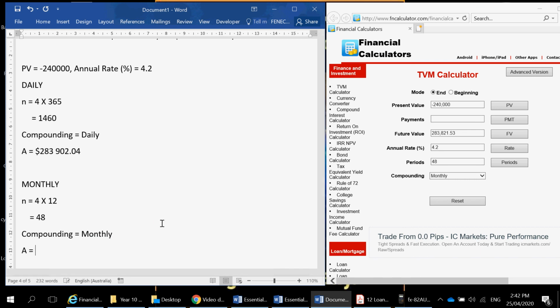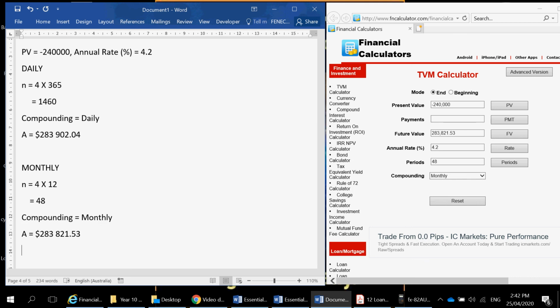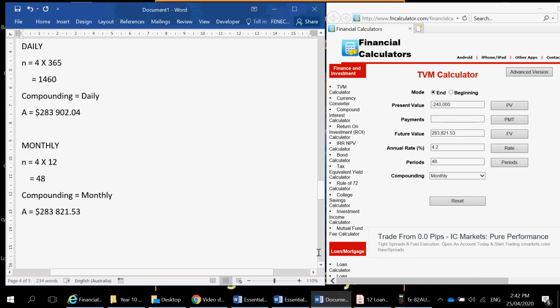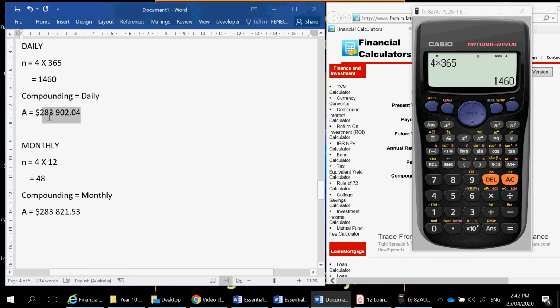And we get A is $283,821.53. So we can see that yes, Lily will make slightly more money if she is compounding daily. We could put it in the calculator. I wonder if it will accept me doing that.